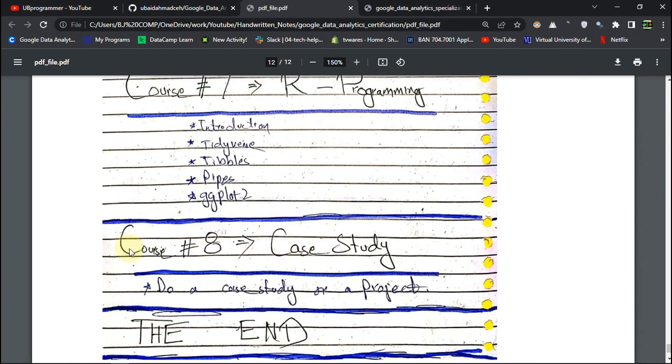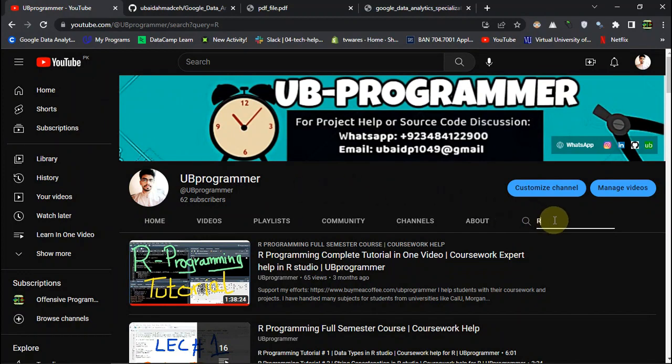And then in course 8 there was a project or a case study. This was optional, but I would say to do it, because you want to apply all this knowledge you have gained from this specialization into practice.